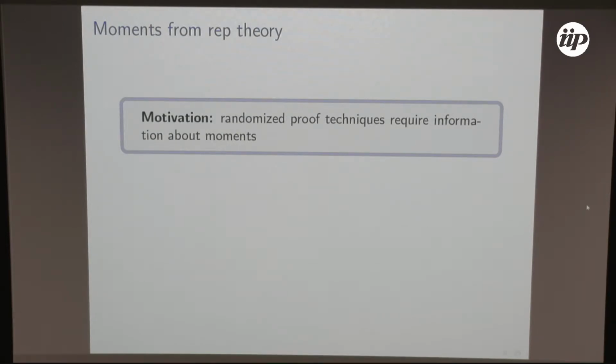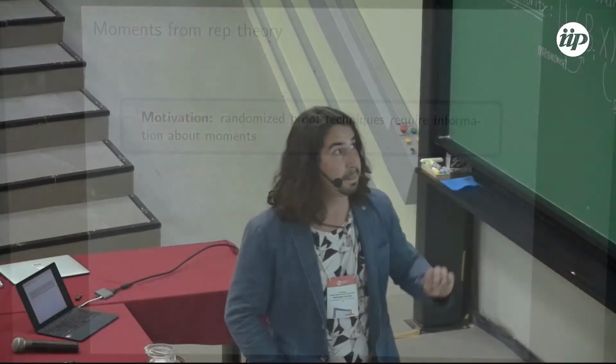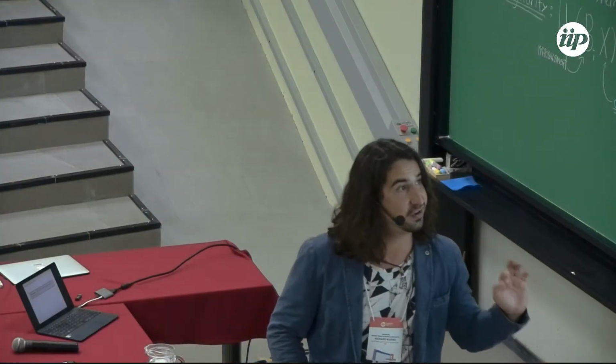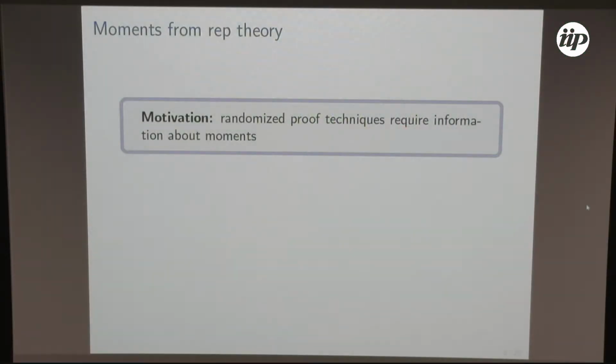There's a very general motivation about randomized proof techniques, but keep in mind that I want to solve this phase retrieval problem that David introduced earlier. We want to use a randomized proof technique to get by with as few measurements as possible. And randomized proof techniques, in general, require information about moments, because moments tell you how generic your situation is. And how can we get that?